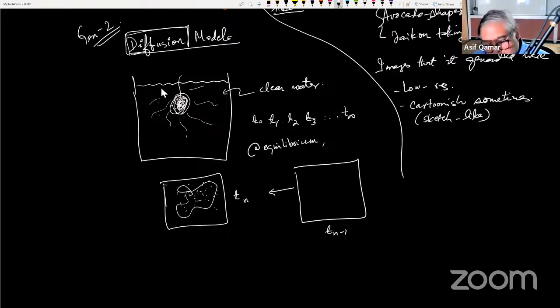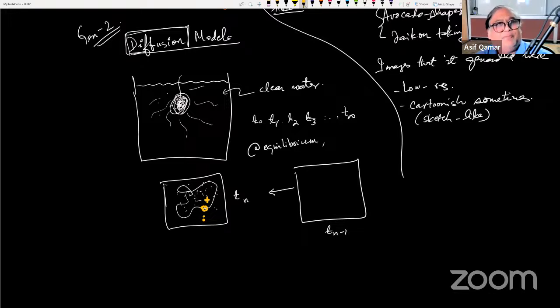So for example, this little bit, let me put it here, this little bit could not have come from here. It is very likely to have come from inside, isn't it? So there is a slightly differential probability of where that bit of ink came from. You can create an ink gradient and infer that it came from a region of higher ink density rather than from a region of less ink density. Are we capturing the intuition?